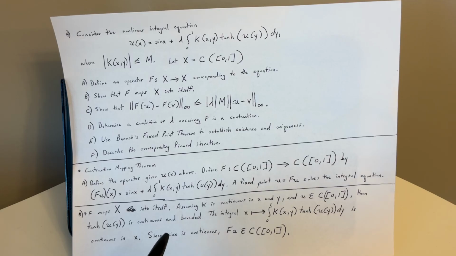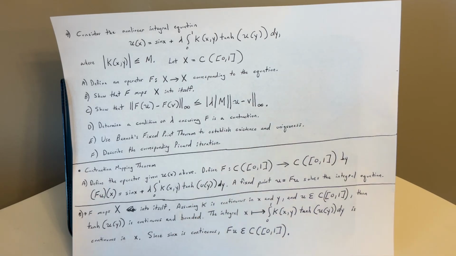And since sine x is continuous, F u is an element of C[0,1]. And pardon me if I'm not using formal mathematical terminology for some of this, just to save some time, but the symbology is correct.